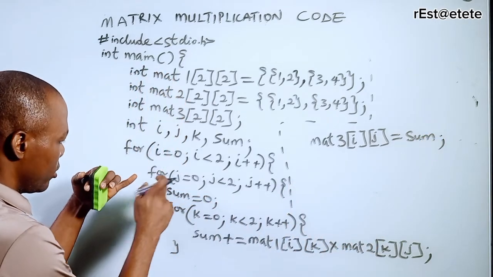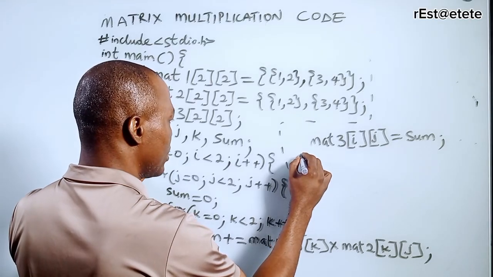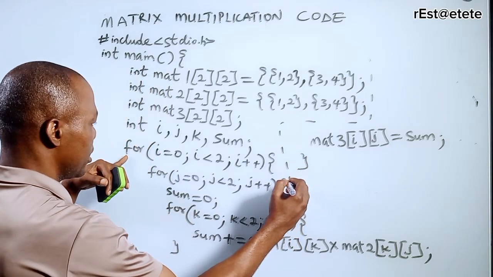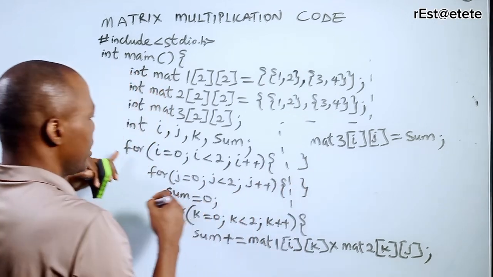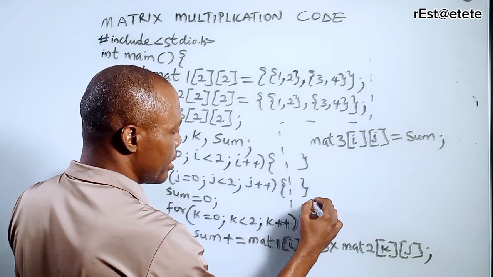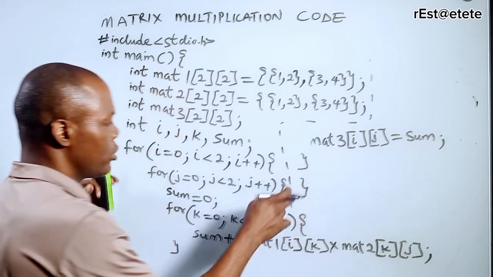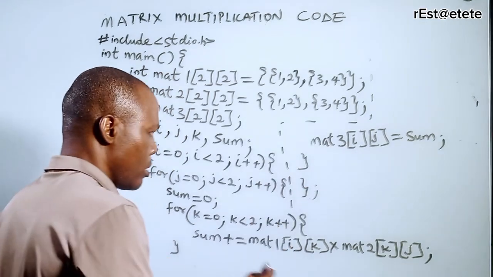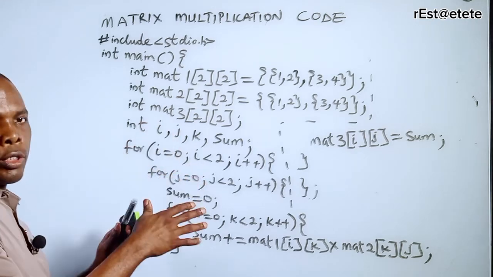Then this for loop, I am going to close it like this. This other loop, I'm going to close it here. Then I will now say return. I'm going to close it here. All right, so this is my code.